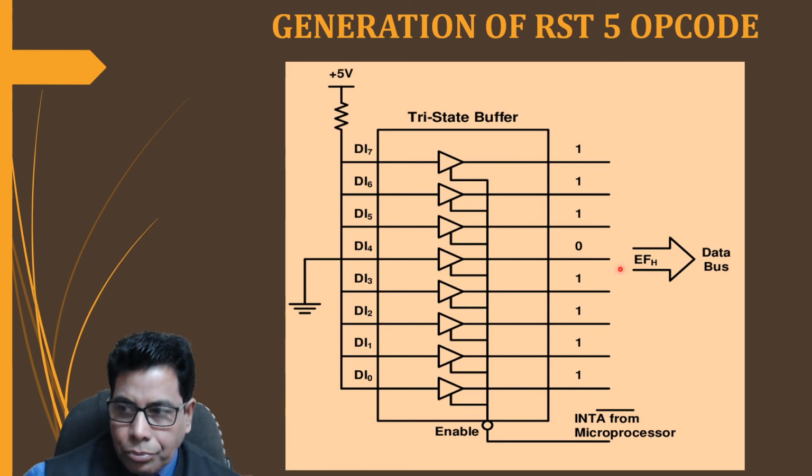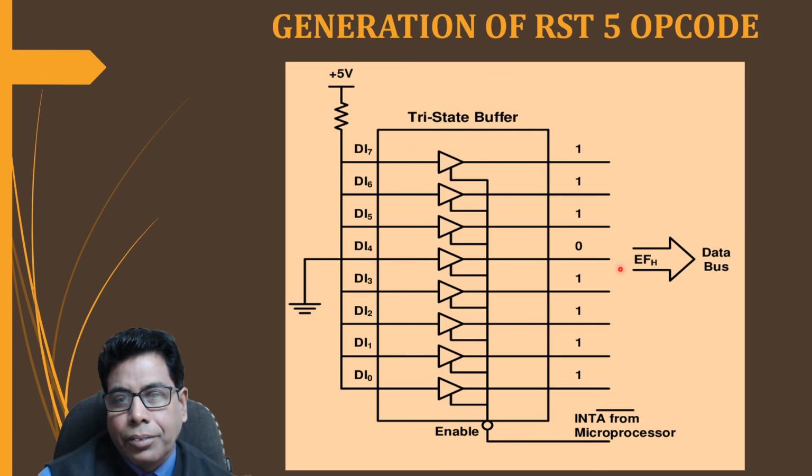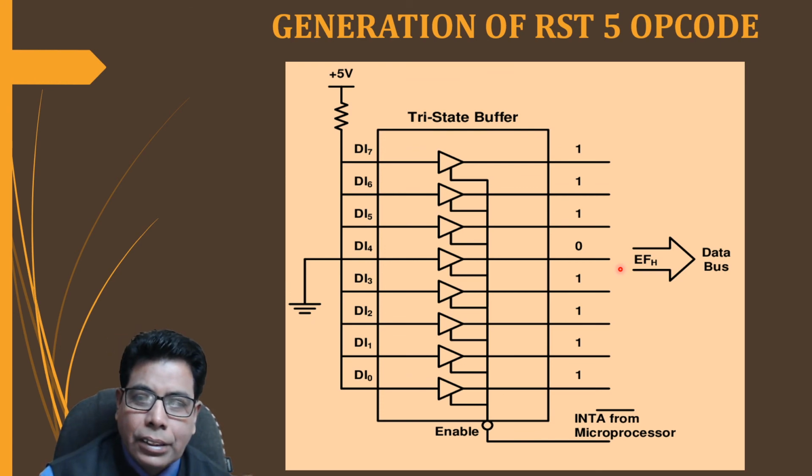Then the ISR will start and it will end with the return instruction. After the execution of the return instruction, the processor restores the saved address in the stack to PC, and normal execution of the main program will start.